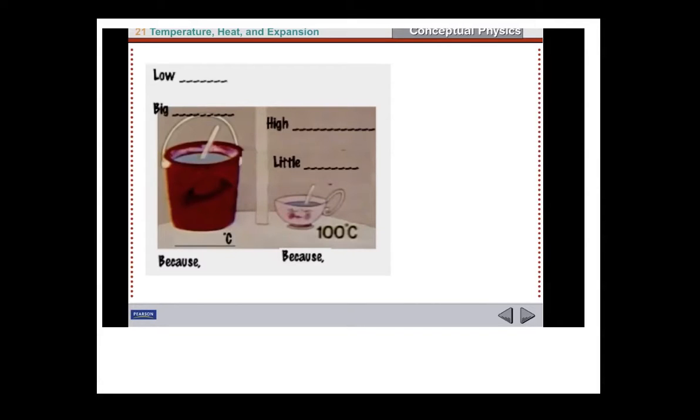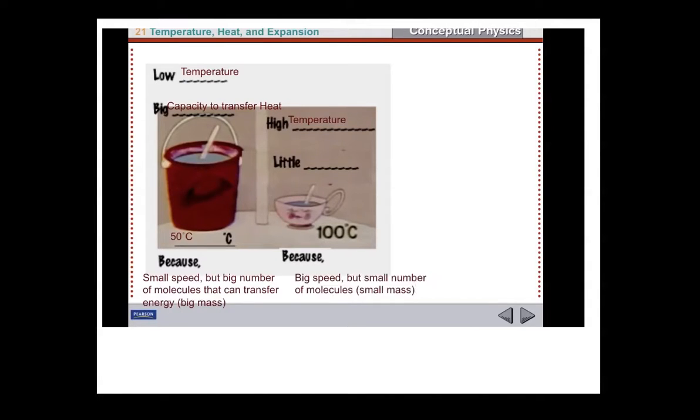Now, right here is going to be temperature and capacity to transfer heat. Here, high temperature, and then a capacity to transfer heat.